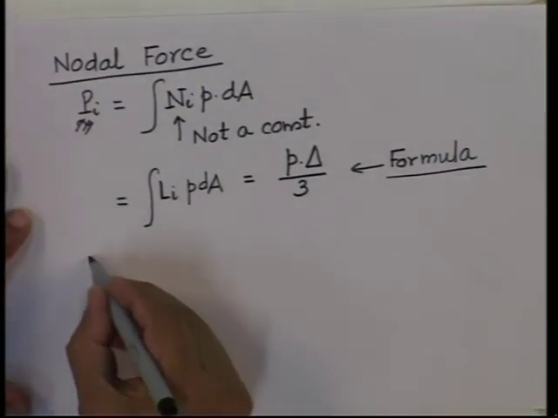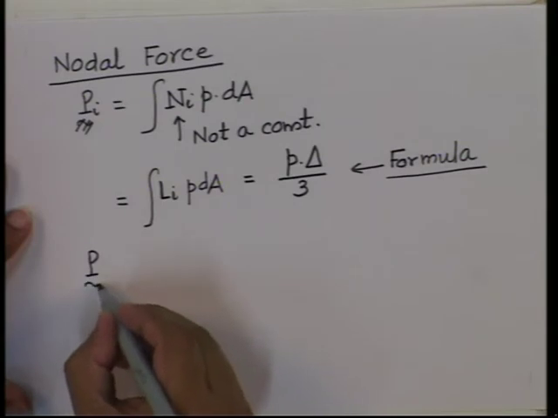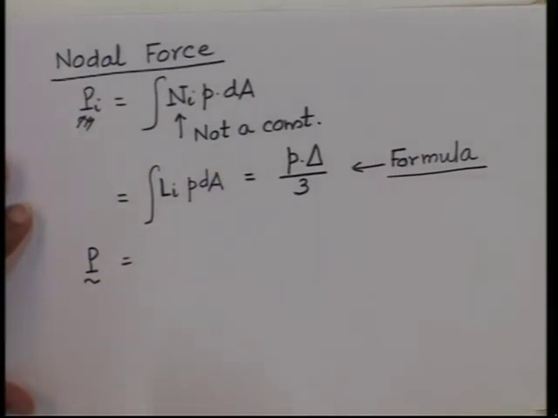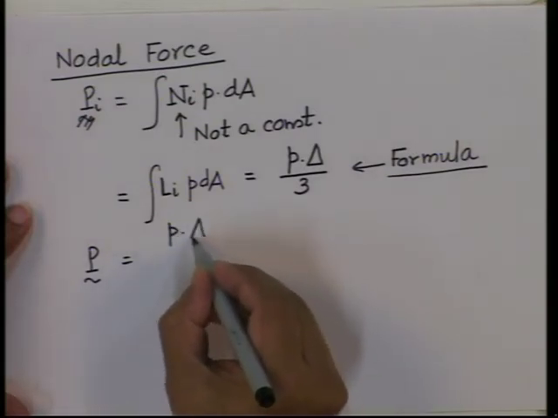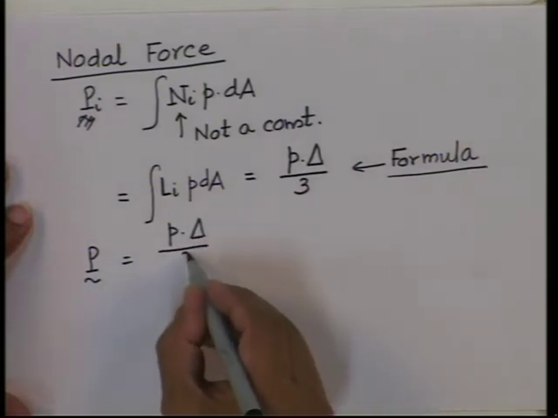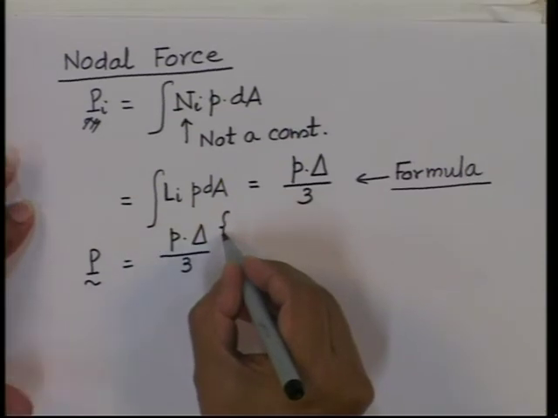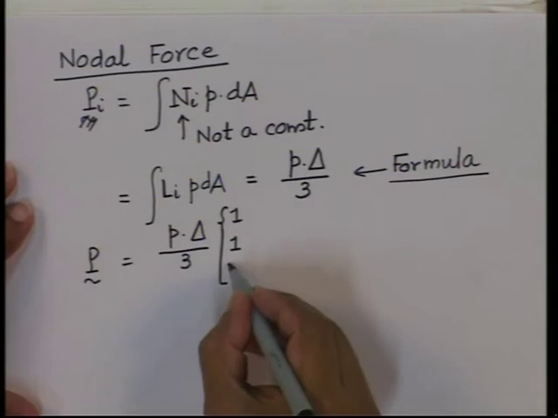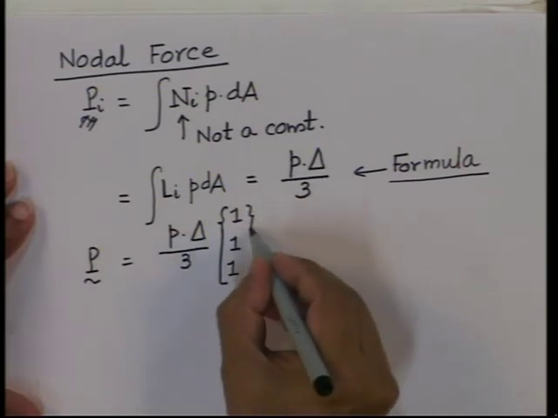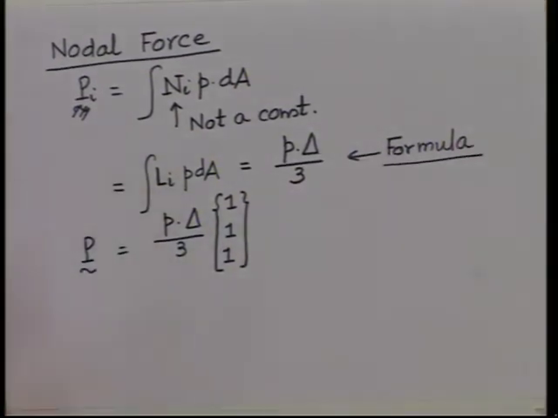So, the total P vector for the 3 nodes will look like P delta by 3, all are equal. If P is distributed over the entire triangle, then 1/3, 1/3, 1/3 will go to every node.